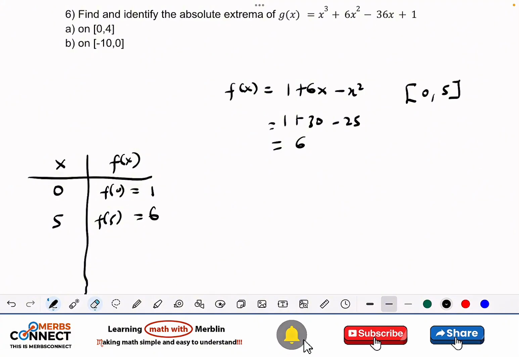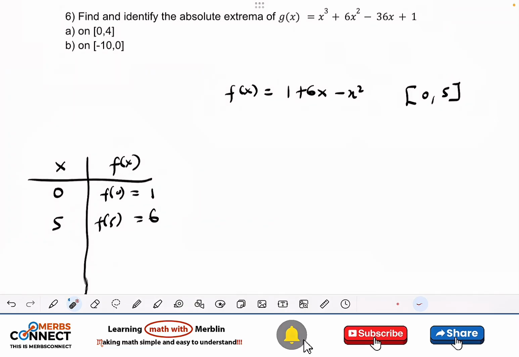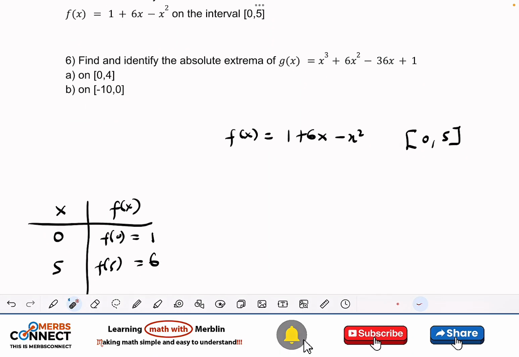Now we cannot conclude that the absolute maximum is this and the minimum is this, because we don't have the critical value. So for us to conclude, we need to find the critical value and check if it is in here, then we add it to the table. If the critical value is not in, then we can conclude using this information.